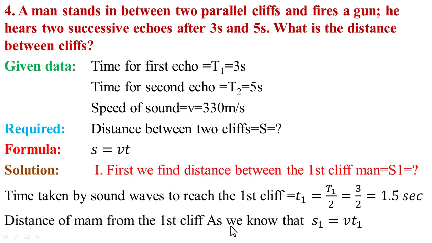So the distance from the man to the first cliff is S1 is equal to Vt1. Putting the values, S1 is equal to 330 multiplied by 1.5. Then S1 is equal to 495 meters.